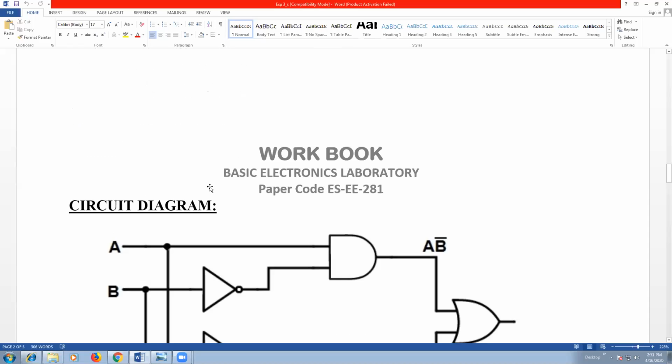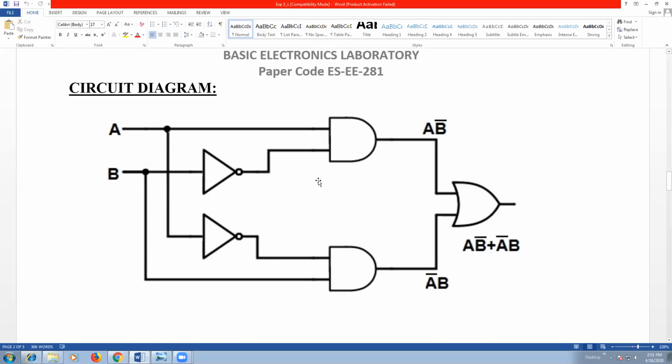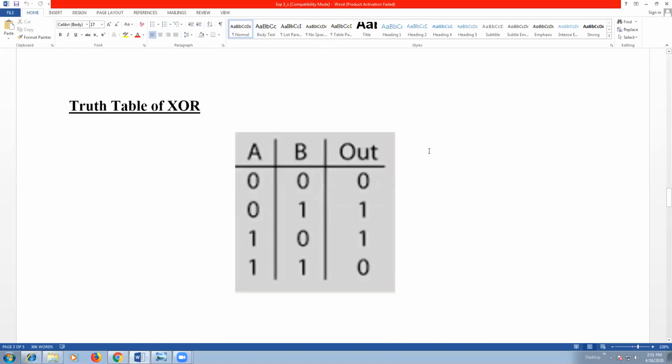And you can see the corresponding circuit diagram from here. So here we need two NOT gates, two AND gates, and one OR gate. And this is the truth table. If A and B are two inputs, and the two inputs are 0 0, that is A 0 and B 0, then output will be 0.